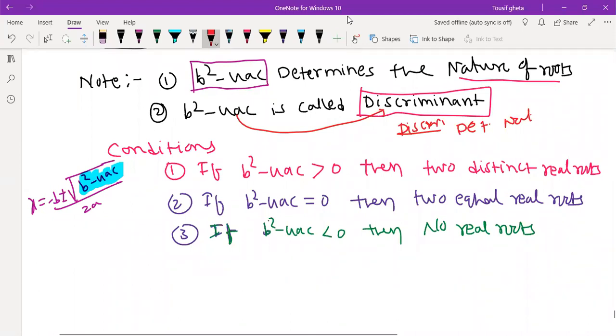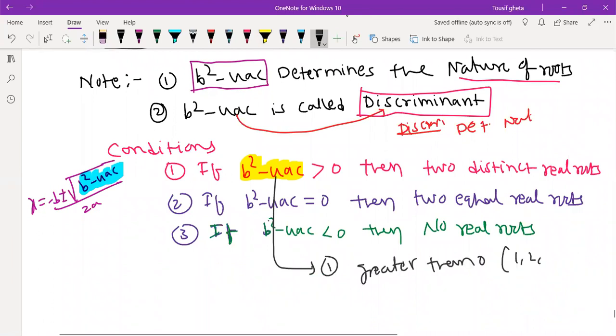Now, if you get b square minus 4ac greater than 0, it means you will get any positive value like 1, 2, 3, 4, 5.